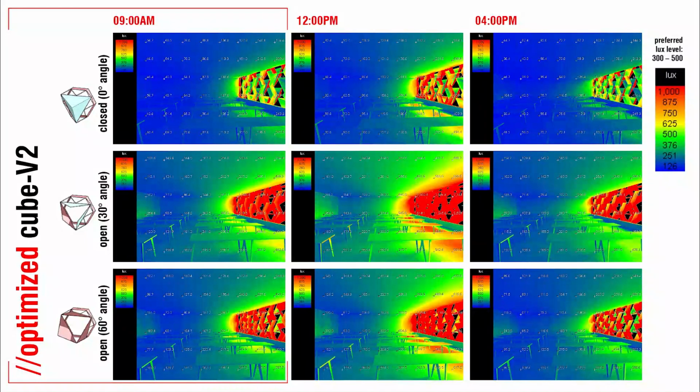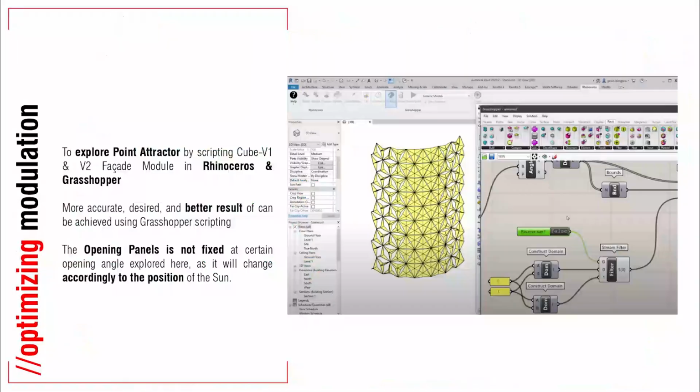And by referring to the results of the facade configuration simulated today, another improvement is still possible to achieve a better and more optimum daylight penetration into the building by scripting the cube V1 and cube V2 module configuration in Rhinoceros and Grasshopper software for better accuracy, instead of the fixed angles determined today.